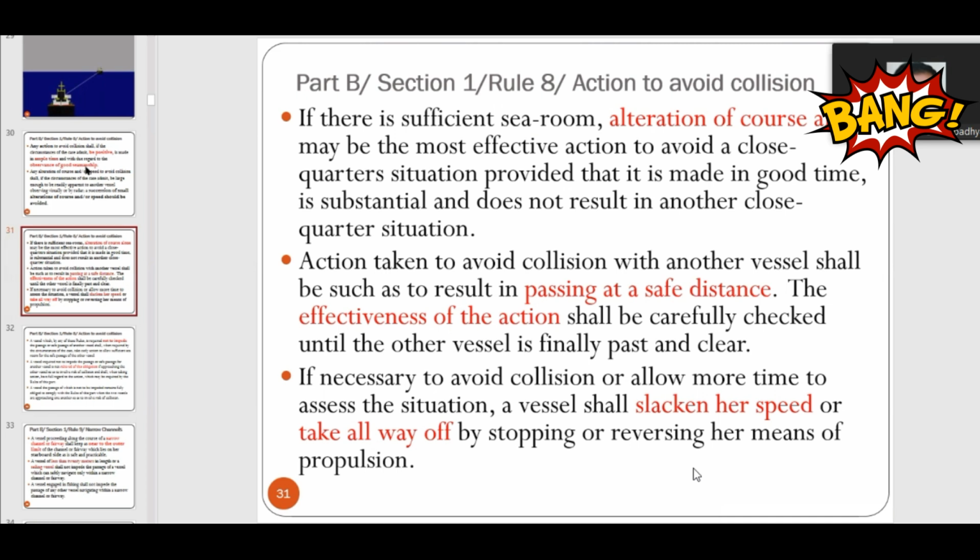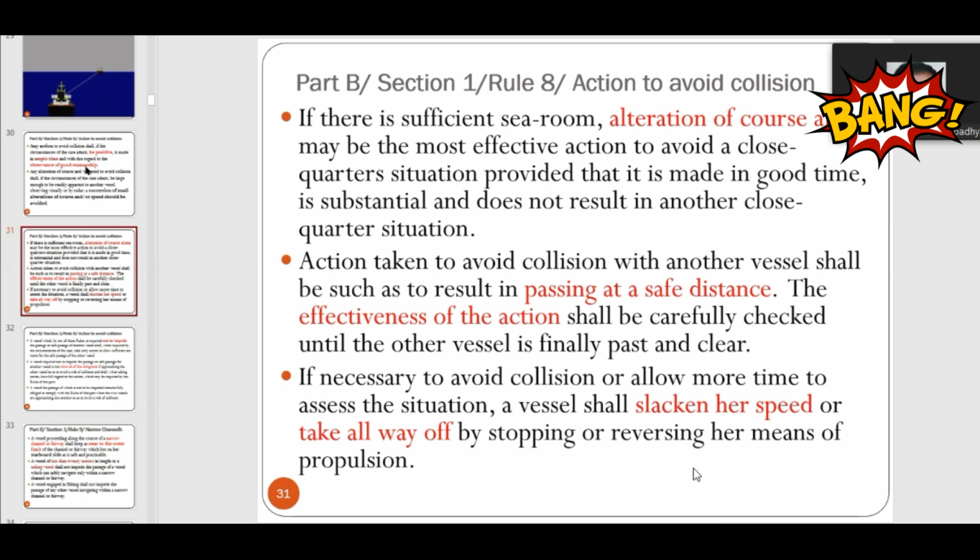Now, a few minutes back we were talking about the effectiveness of the action you have taken, but you are supposed to check it, meaning that the vessel is finally passed and clear. That means that risk is no more there. Whenever you have determined risk of collision, by taking action you are clear of that risk. So that is the effectiveness of action that has to be carefully checked.